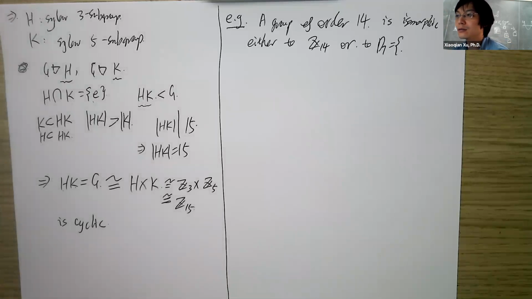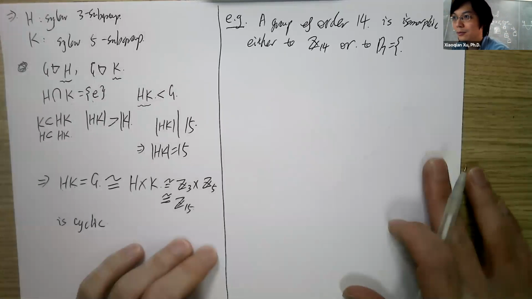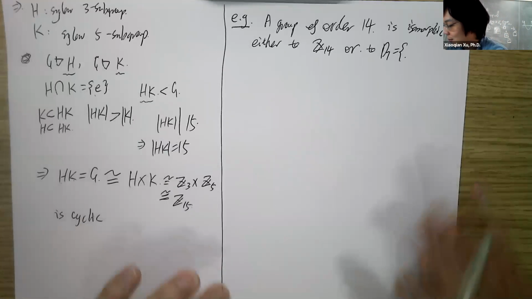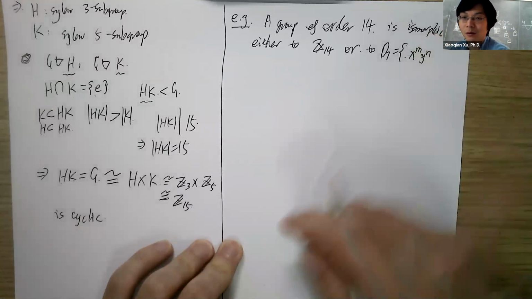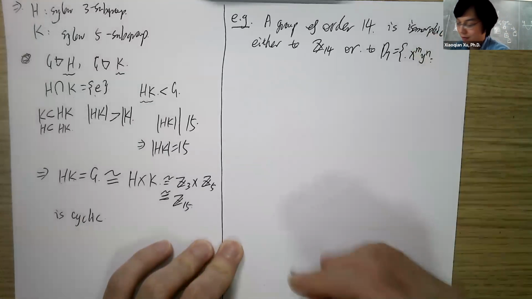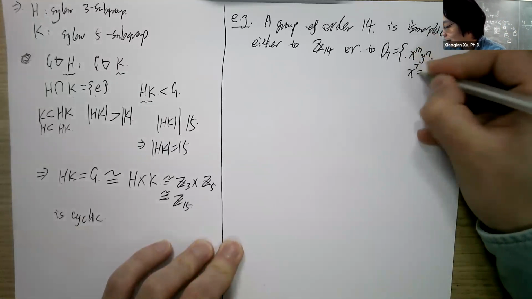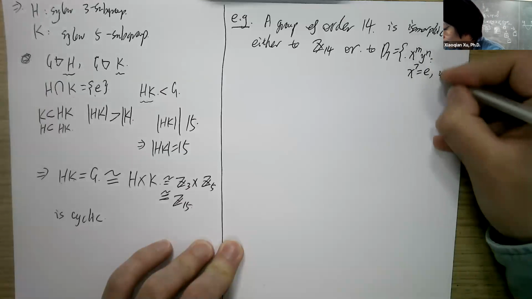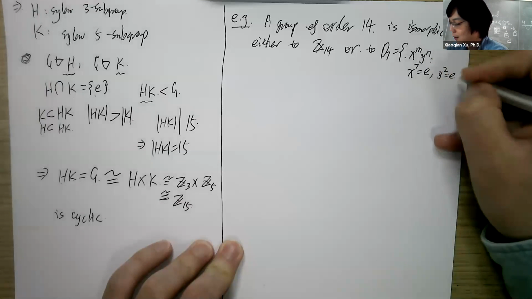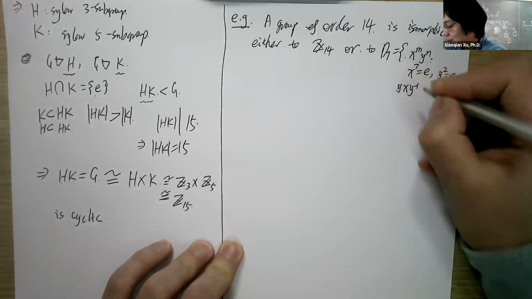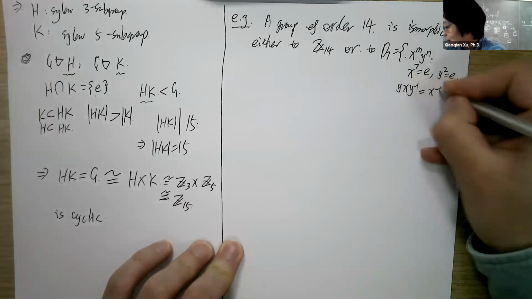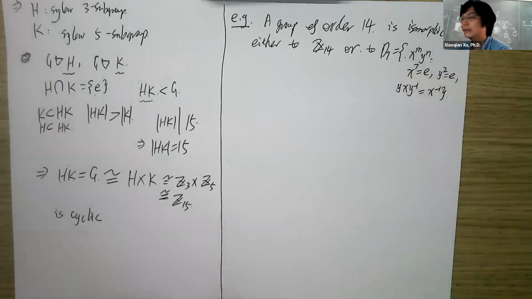It is really useful when you study geometry, and I believe you also see this group in your homework this time. It is the group generated by x and y, with x to the power 7 equals e, y squared equals e, and y x y inverse equals x inverse. This kind of group.